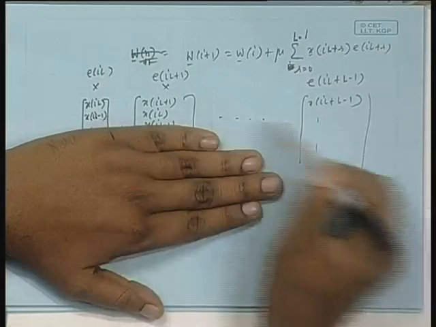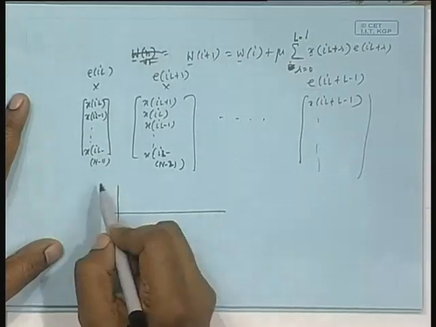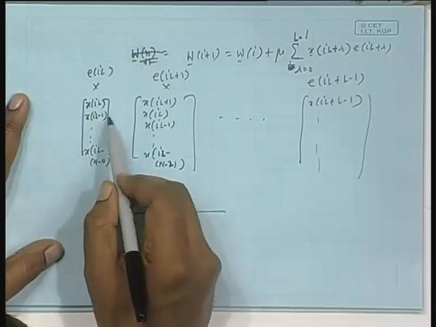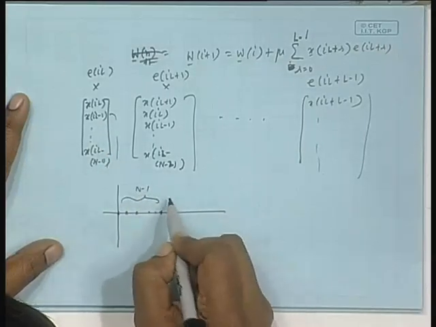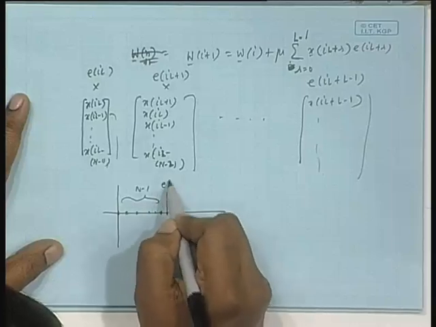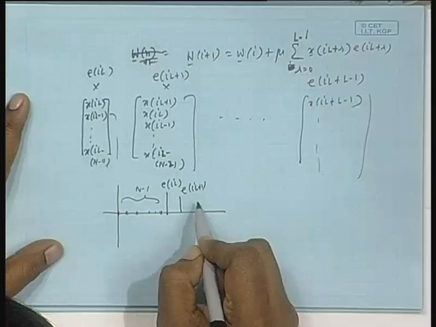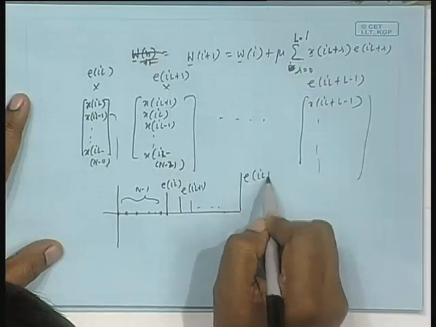Isn't it? And multiplication, it is like this, isn't it, that suppose I have some zeros, how many? N minus 1 zeros, and then I have got E I L, I put E I L plus 1, dot dot dot, all these terms, E I L plus L minus 1.